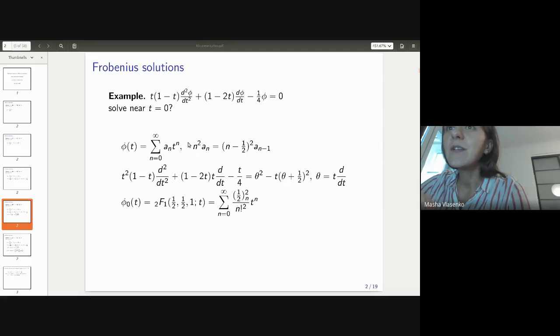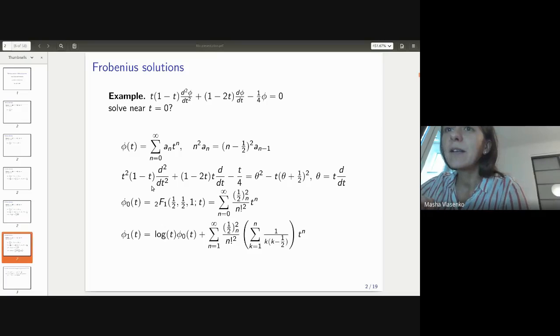Okay, these are some easy observations that we make about this differential equation. But since it's of order 2, there should be a two-dimensional space of solutions, and we only find one when we look at power series. Apparently, there is another one, which is a logarithmic solution. It's a logarithm of t times the power series that we found before, plus another power series. And these two span the space of solutions.